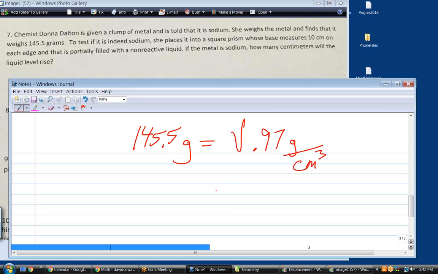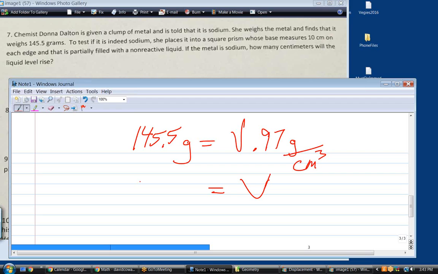So, what do we need to solve for here first? To solve for the volume. Okay, what is the volume equal to? It's this number divided by 0.97. What number? Oh, 145.5. It's 150.